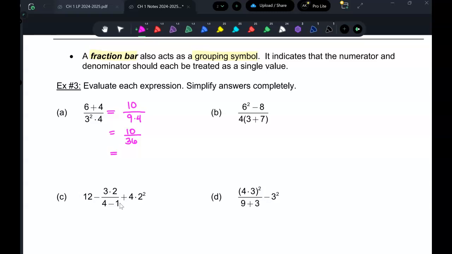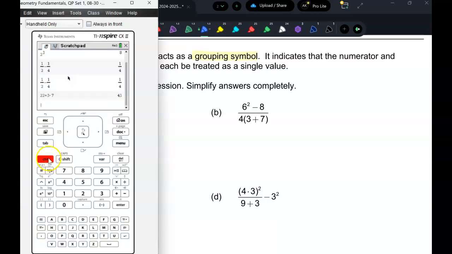Okay. Now, I can reduce the top and the bottom by 2. Divide 10 by 2 is 5, and then over 18. Good. Now, again, that was a lot. On quizzes and tests I want you to show the work, but you have your calculator.